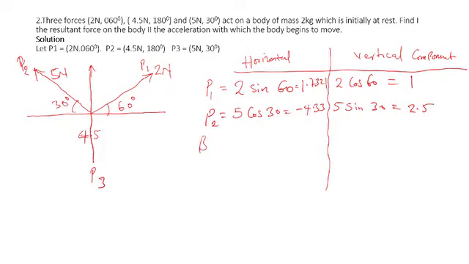So for P3, we now have 4.5 cos 90, because it's located at this point. So it's 4.5 cos 90, which is equal to 0, and 4.5 sine 90.